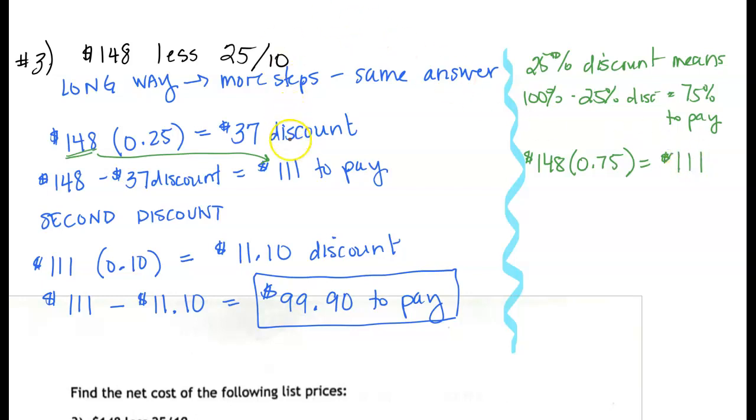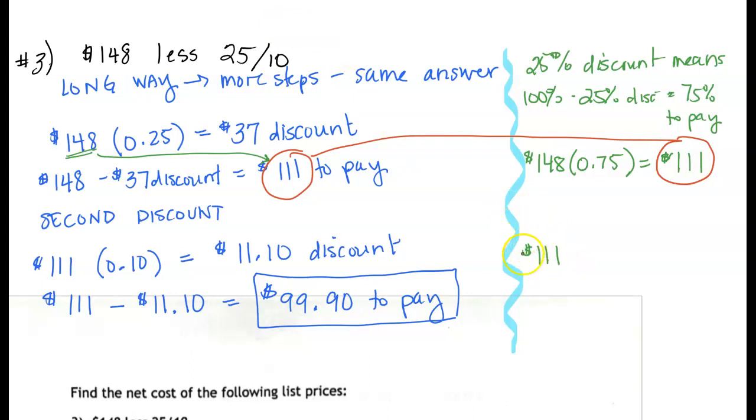So notice that these are the same. Instead of finding the discount and then subtracting, we were able to find the percent to pay and then use one multiplication. We can do that again here in the second discount.